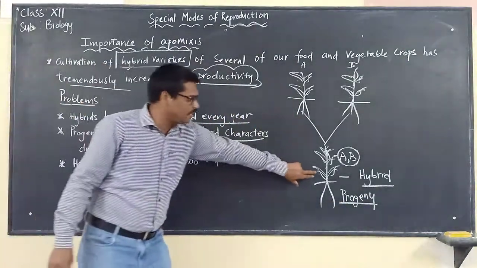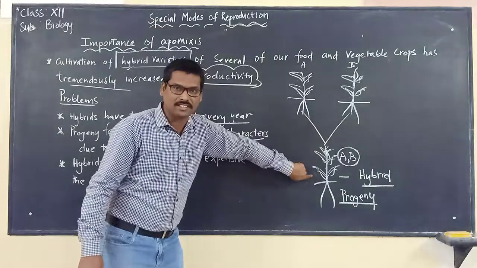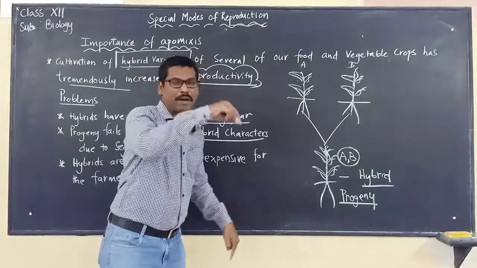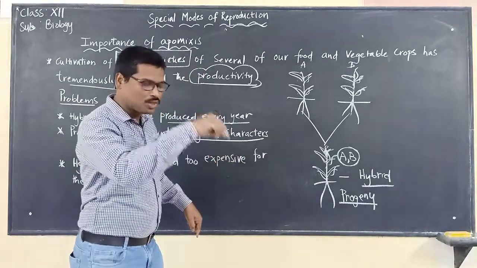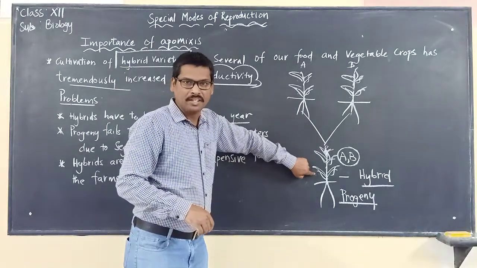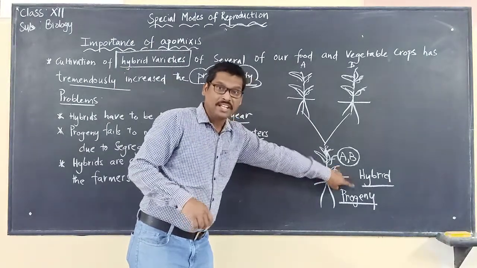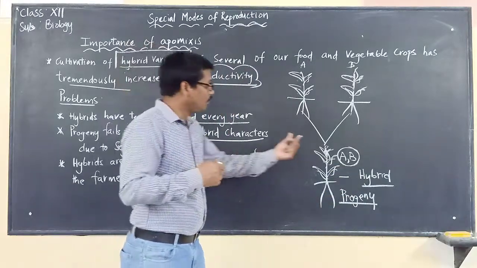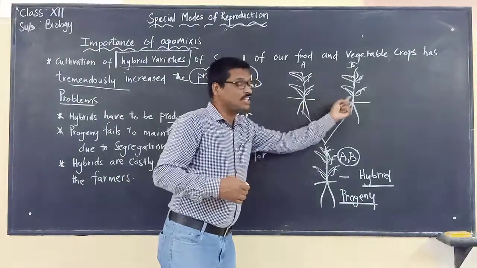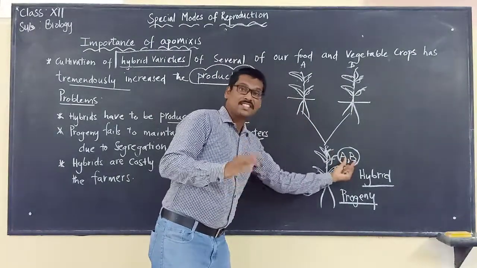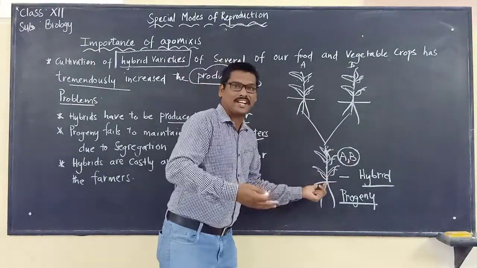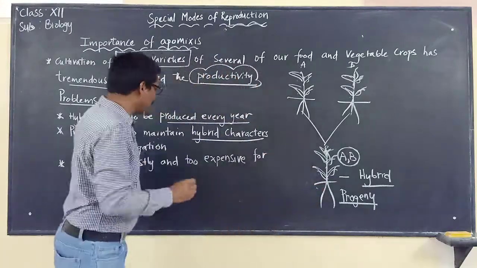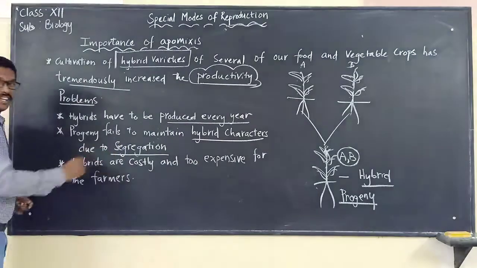When you take the seeds of this plant, the hybrid, and sow them, it will not produce the same characteristics that you brought in by crossing these two plants. These same characteristics will not be present in the next generation produced from this progeny. Why? It's all because it undergoes segregation.